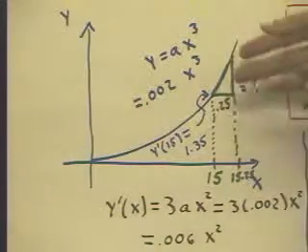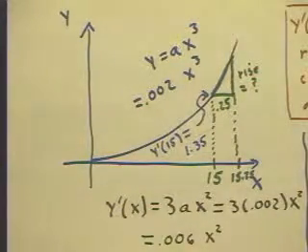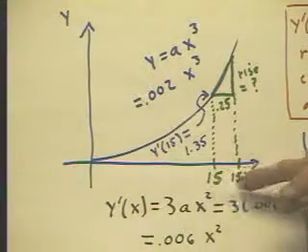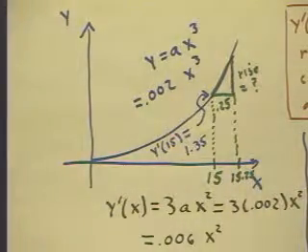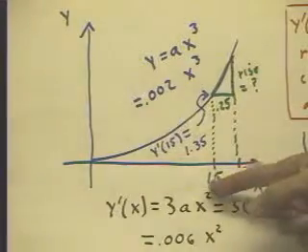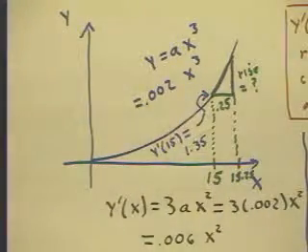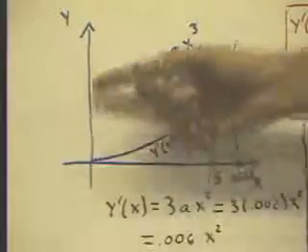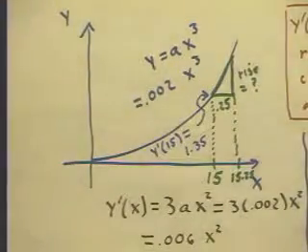Now you see some scribbling here about rises and runs and y primes and so forth. The question that we're going to pose is, between diameter 15 and 15.25, how much difference is there in the volume?